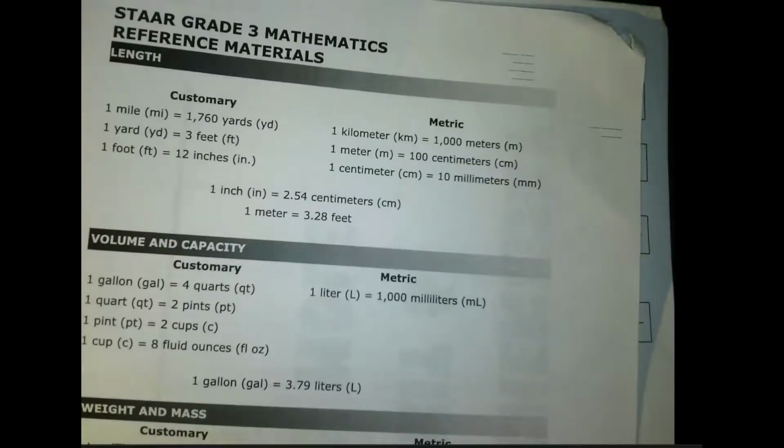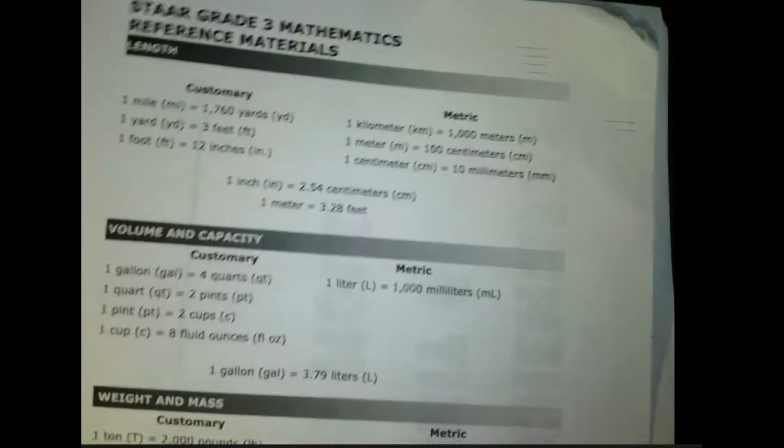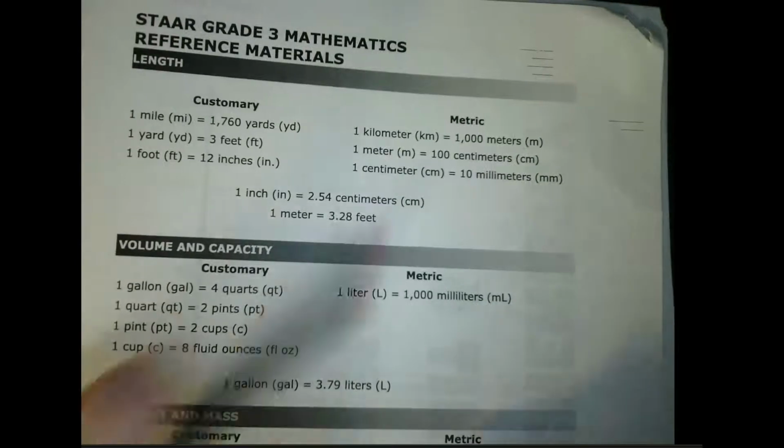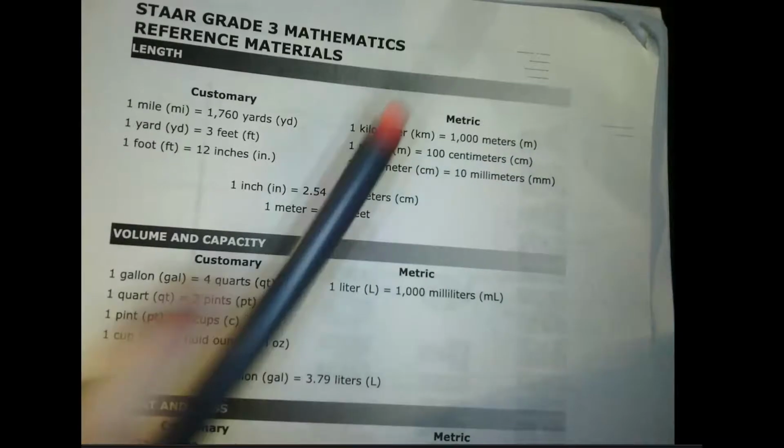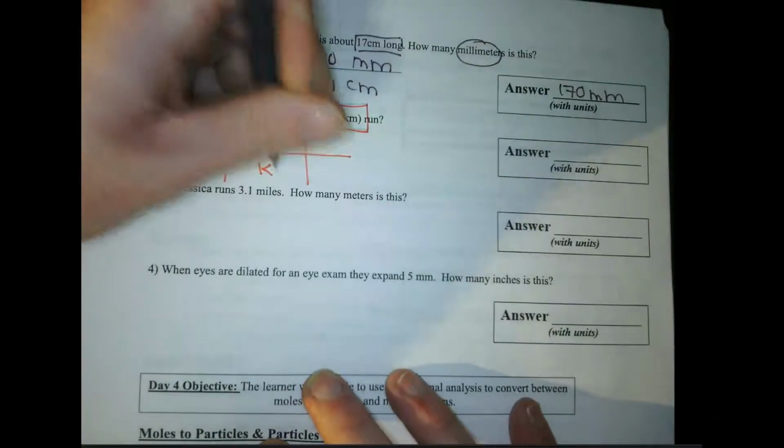So I did locate my star chart, and this is attached to your packet and on Canvas. And it says that 1 kilometer is equal to 1,000 meters, and that 1 meter is equal to 100 centimeters, but we're only trying to get to centimeters. We can stop there. We don't need millimeters. So I'm going to just go down my unit, that's the kilometer, and then fill in my conversion.